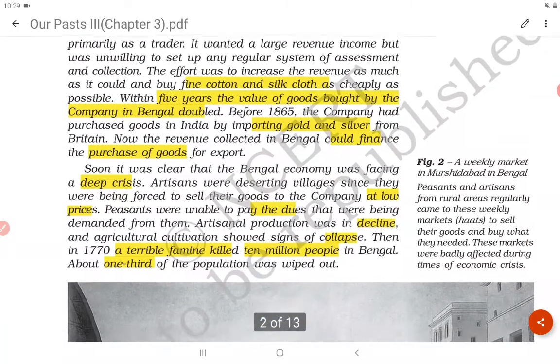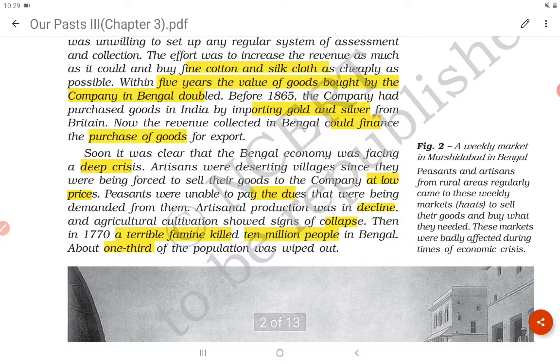The effort was to increase the revenue as much as it could and buy fine cotton and silk cloth as cheaply as possible. Within 5 years, the value of goods bought by the company in Bengal doubled.